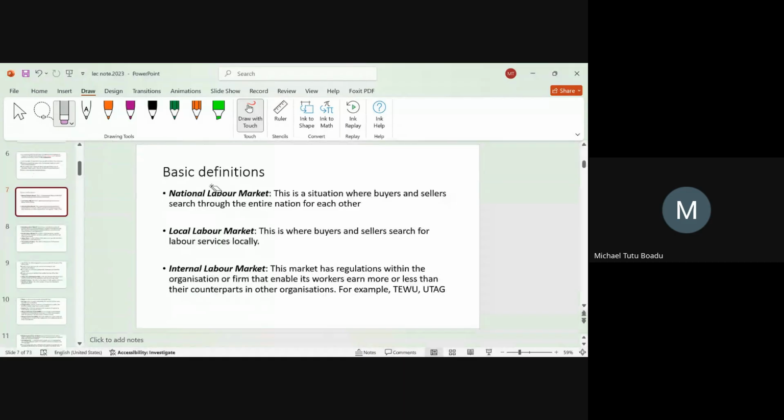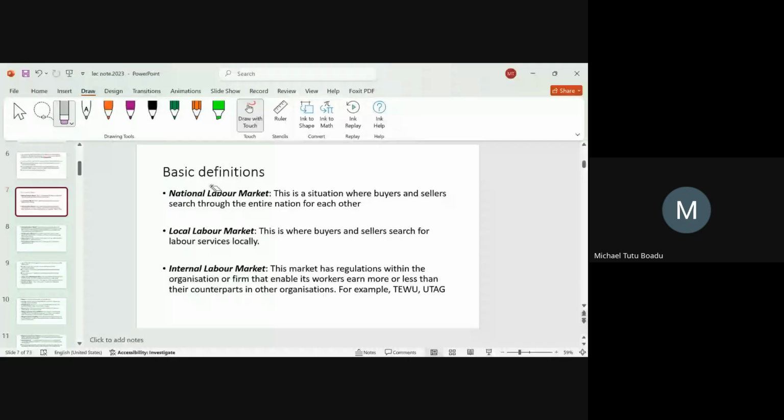Once I talk about national labor market, it is irrespective of the industry, region, or kind of job. Putting all the employable markets together, that becomes the national labor market, where buyers and sellers search the entire nation for each other.